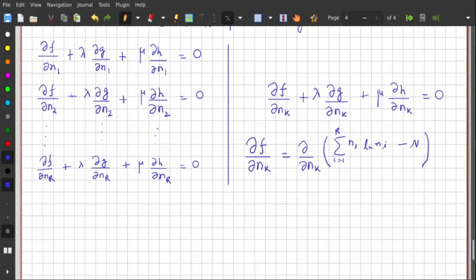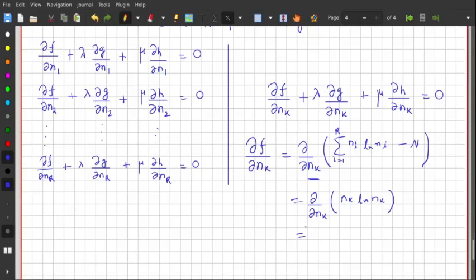You can vary the number of particles in each of the energy states independently. Okay, so the only derivative we are concerned about is the kth derivative basically. So what this will become is partial with respect to nk of n sub k log n sub k.